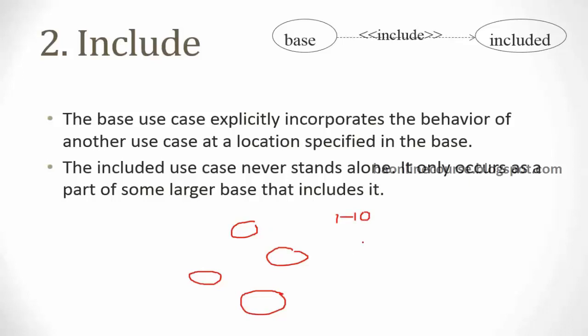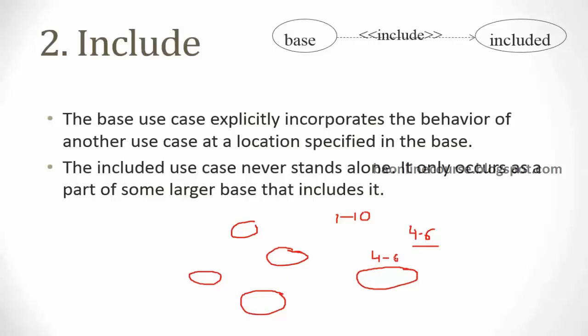Okay. And some piece of functionality, let's say steps 4 to 6, are common and they are repeating. 1, 2, 3, 4 places. These steps 4 to 6 are repeating. So rather than write 4, 5, 6 here, 4, 5, 6 here, 4, 5, 6 here, and 4, 5, 6 here, 4 different places, you could pull it out and create a separate use case for steps 4 to 6.